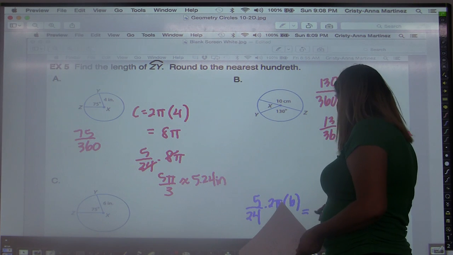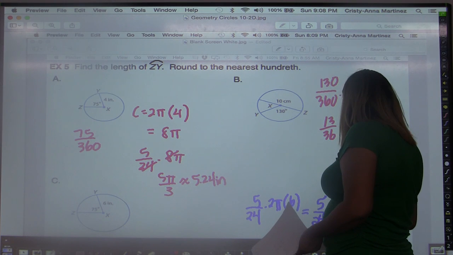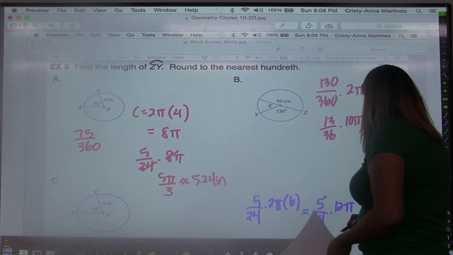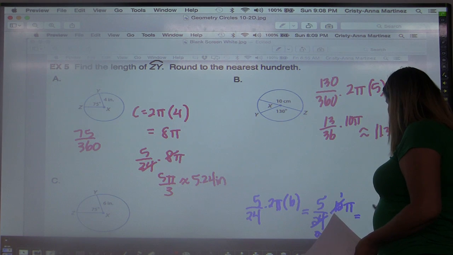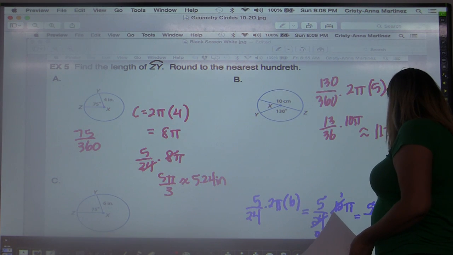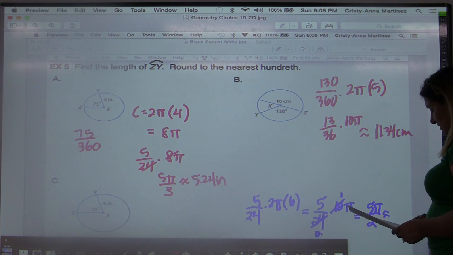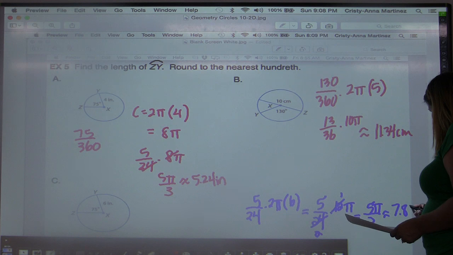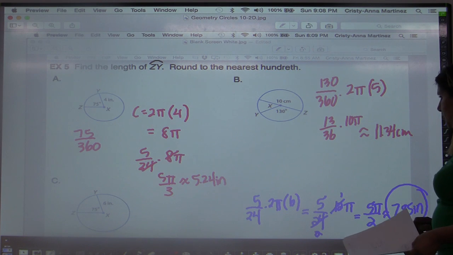So you're going to get 5 over 24 times 12 pi. And again, 12 goes into 12 once, 12 goes into 24 twice. The exact answer is 5 pi over 2. That makes me happy. But when you round it to the nearest hundredth, you get 7.85 inches. And so there's your answer.